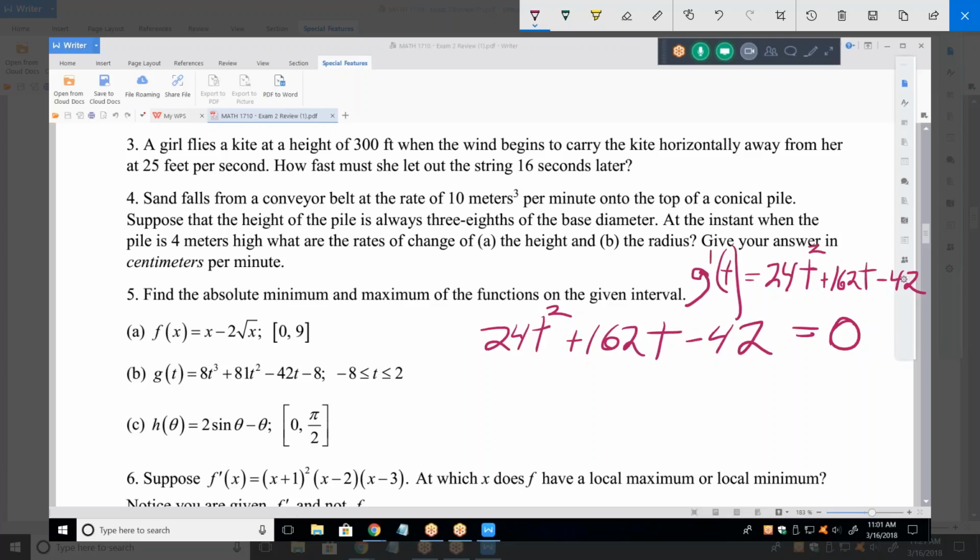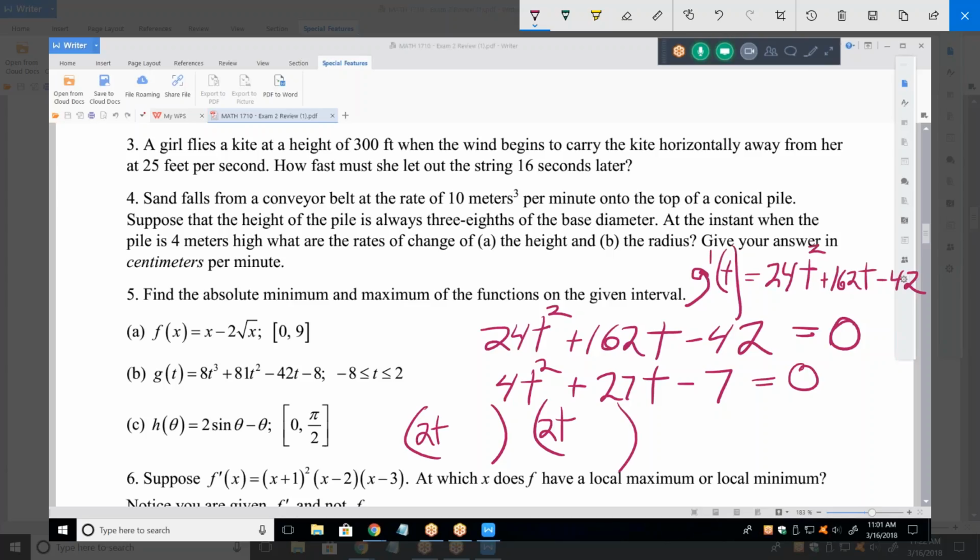What I want to do here, let's see, if I divide everything by 6, that will work. It gives me 4t squared plus 27t minus 7 equals 0. And let's just take a quick shot at factoring that. Still going to be hard to factor, but maybe not so much. Yeah, not going to factor that way. Let's try 4 and 1.